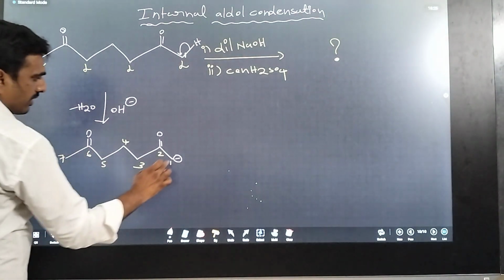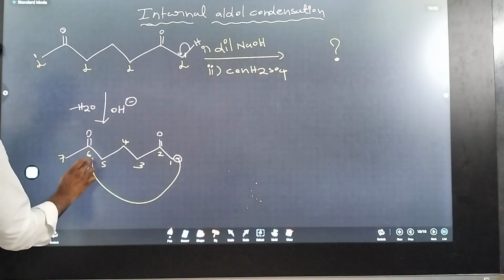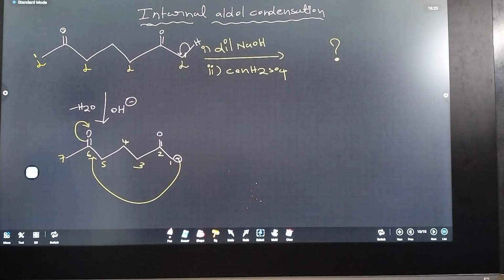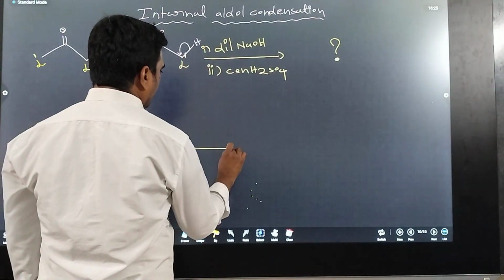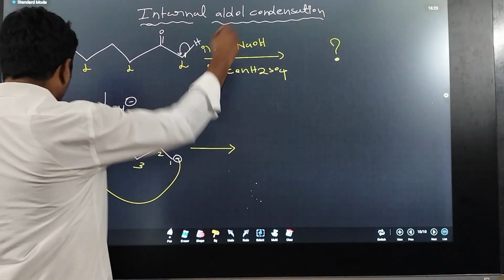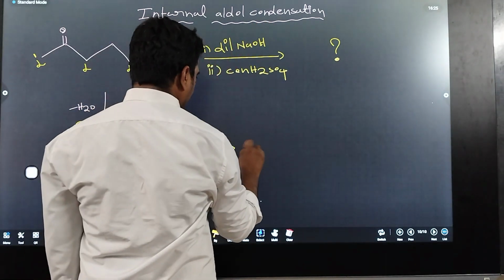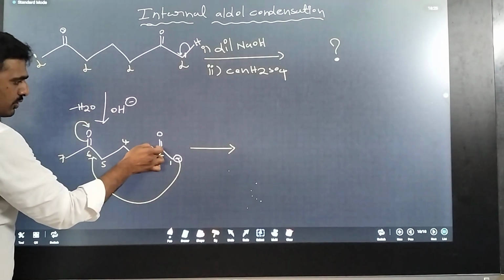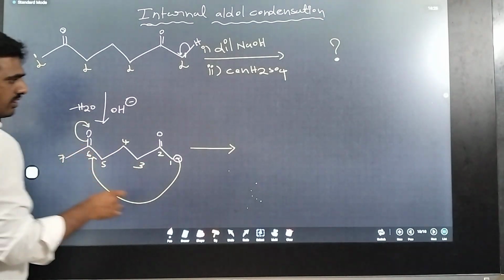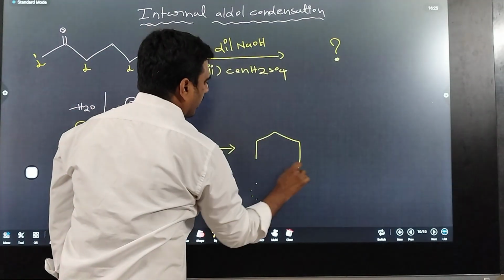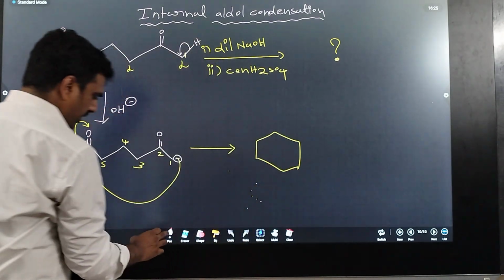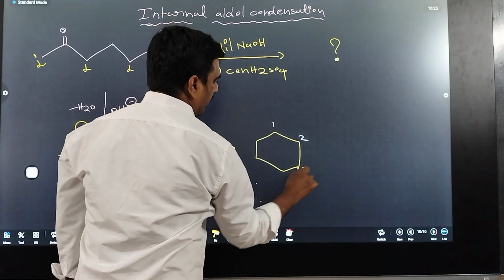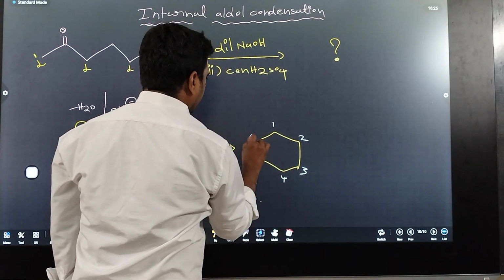Here this nucleophile attacks here, with electron displacement towards oxygen. So how many rings are formed? 6-membered, 1 2 3 4 5 6. So we get a 6-membered ring.